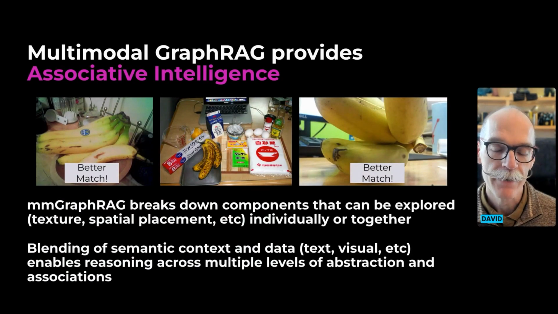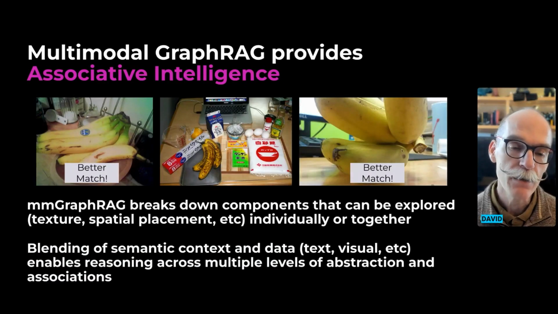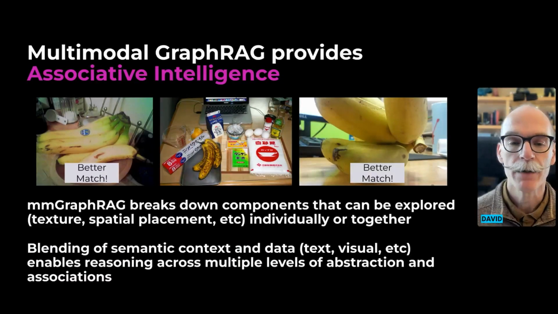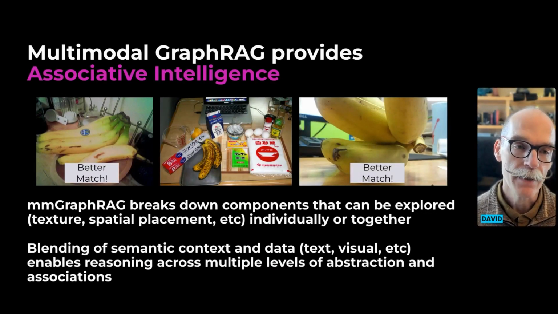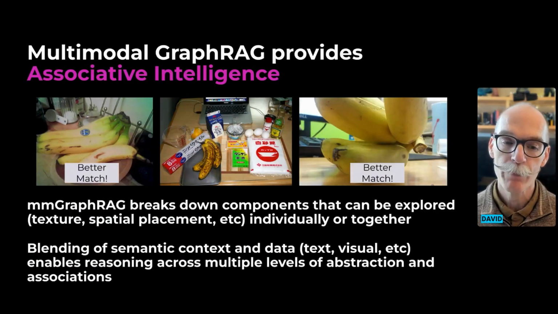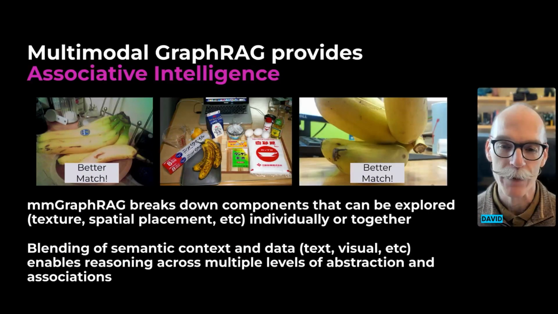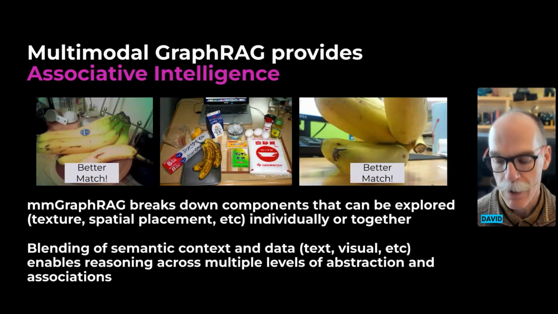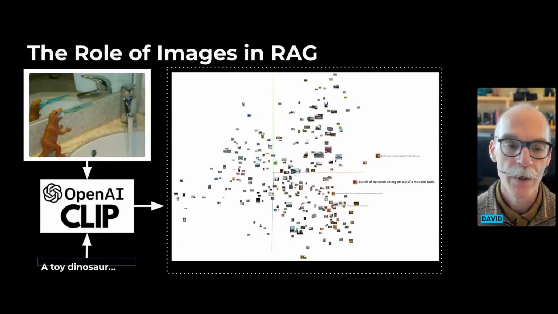Yes, they have bananas in them, and there is a wooden table, but those outside images, this one and this one over here, are actually better. It's because they are directly on the table that is also wooden, and the dimensions of the bananas in these images take up the majority of the image. So these are pictures of bananas, instead of the one in the middle where bananas are just a component. So these are some of the capabilities that you can get when you start to think about incorporation of images in a GraphRAG solution.